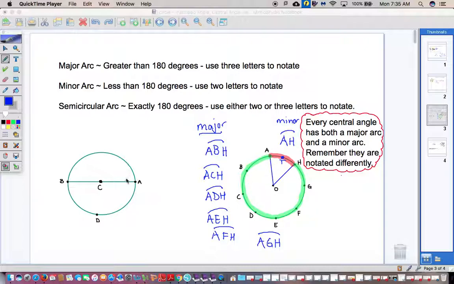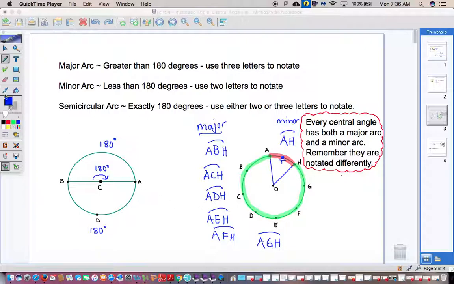Now, a semicircular arc is an arc where there's an exact 180 degree measure. So you can use either two letters or three letters to notate this. The reason it doesn't matter is because the arc is exactly the same no matter which way you go, because it's exactly 180 degrees. We know this central angle here is 180 degrees, which means that this arc up here is 180 and this arc down here is 180.